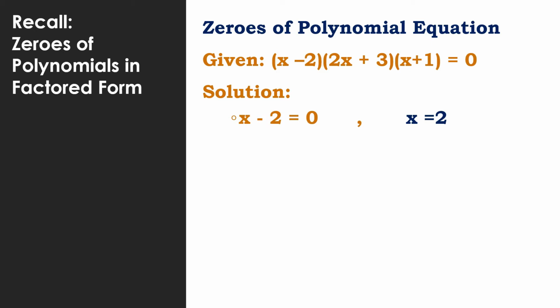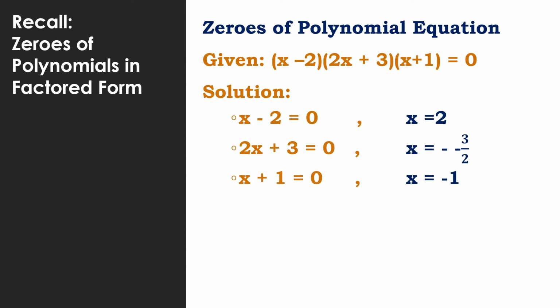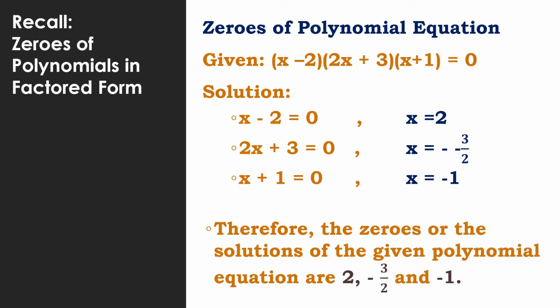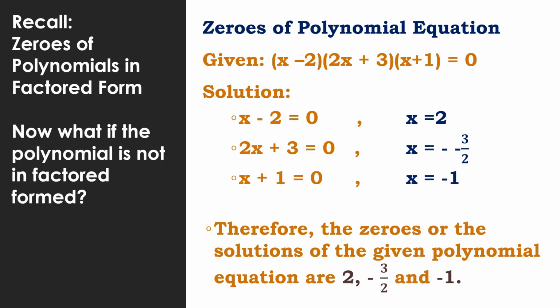The answer is x equals 2. 2x plus 3 equals 0, so x is equal to negative 3 over 2, or negative 3 halves. Then x plus 1 equals 0, or x is equal to negative 1. Therefore, the zeros or the solutions of the given polynomial equation are 2, negative 3 halves, and negative 1.